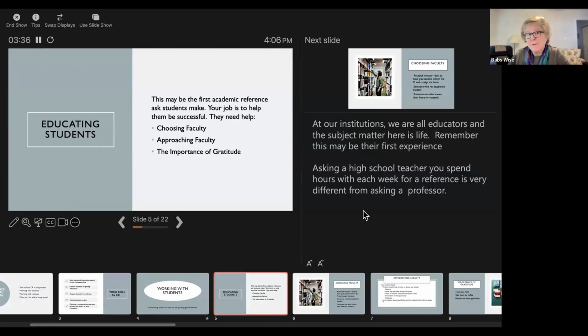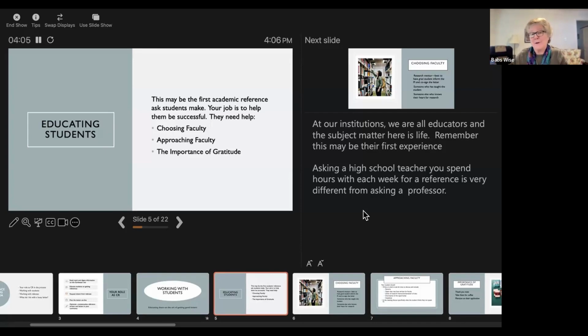You also have to help them think about, of the faculty that they're working with, who are the best faculty to make those recommendations. And then, how do they walk into that office and ask for the letter? That seems pretty important. And the last thing I put on here is the importance of gratitude, because the students will be asking for letters from sophomore year all the way through their academic careers.